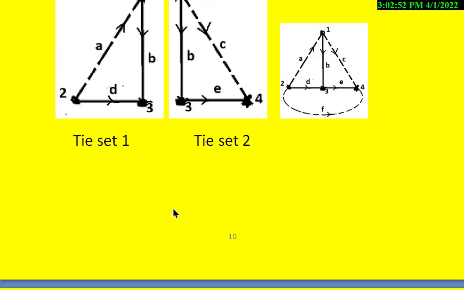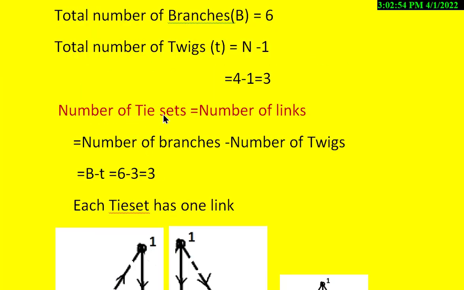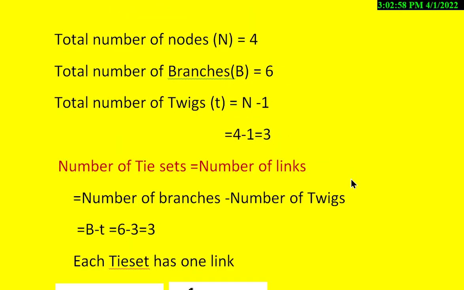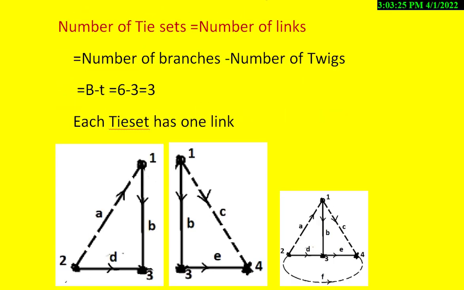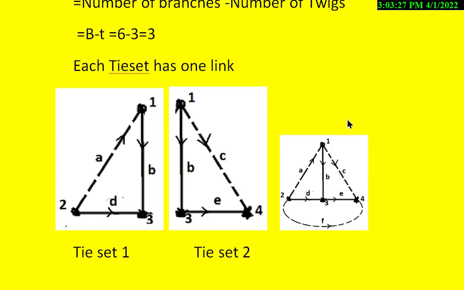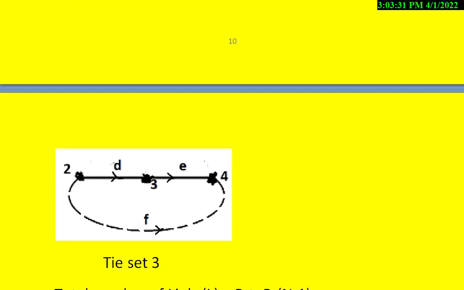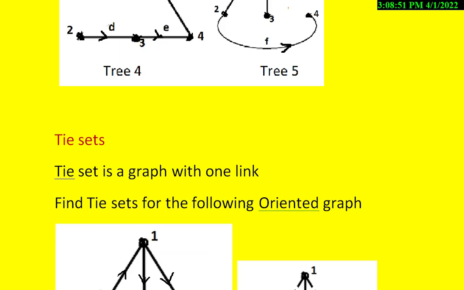So we have seen tie sets equal to the number of links, and the number of links is nothing but 3. So we get here 3 tie sets like this. Let me summarize once.